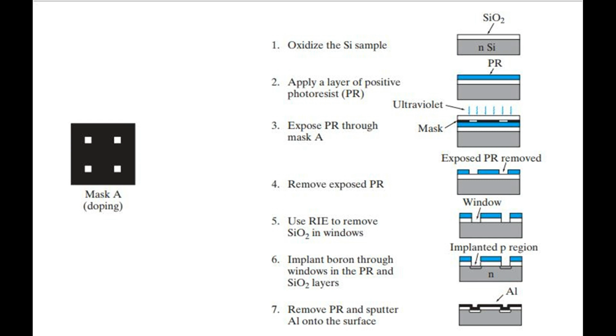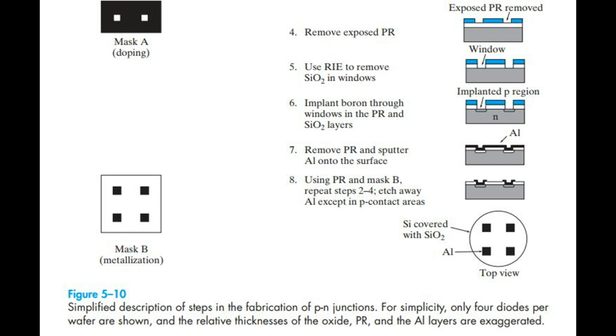Remove exposed photoresist. 5. Use reactive ion etching to remove silicon dioxide in windows. 6. Implant boron through windows in the photoresist and silicon dioxide layers. 7. Remove photoresist and sputter aluminum onto the surface. 8. Using photoresist and mask B, repeat steps 2 to 4, etch away aluminum except in p-type semiconductor contact areas.